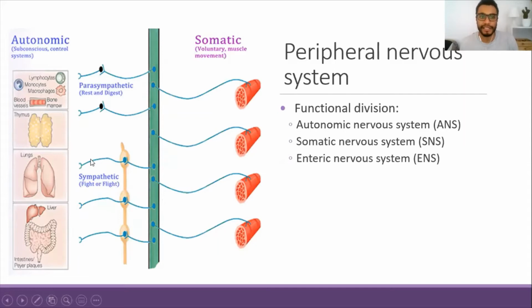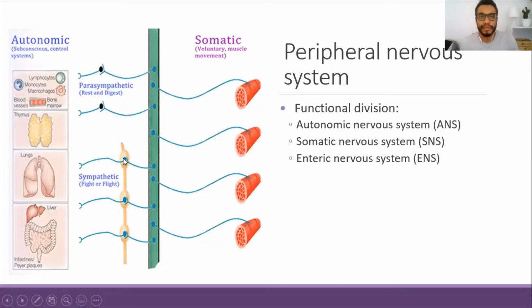Those fibers differ according to the length of their fibers. As you see here, for example, this is the spinal cord, in green, and those round structures here are ganglia. So mostly we see ganglia in the sympathetic nerve fibers.